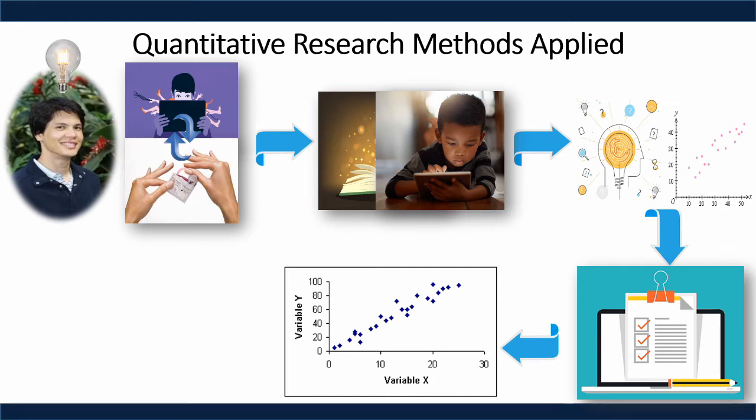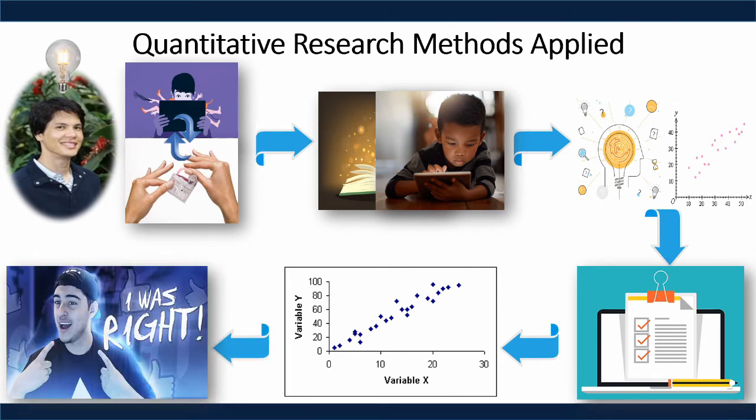Then I see whether my data support or fail to support my initial hypothesis of a positive relationship between pornography consumption and condomless sex. In this case, I just so happen to be right. So this is the scientific method in a real-world example.